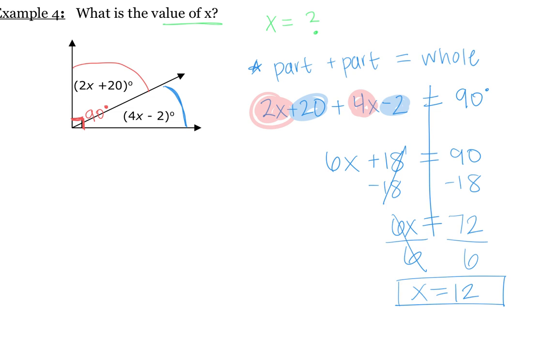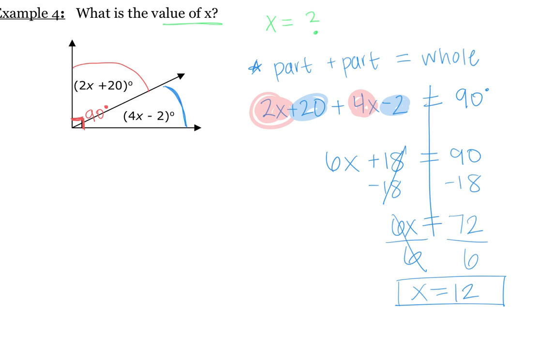Entonces, yo sé que voy a tener que hacer parte más parte es igual a toda la parte. Yo sé que la totalidad entre los dos me forma 90 grados. Usé esa información para crear mi ecuación. 2x más 20 más 4x menos 2 es igual a 90 grados. Hay que resolver por x y fue lo que hice. Combiné todo lo que pude en el lado izquierdo. 2x más 4x me da ese 6x.